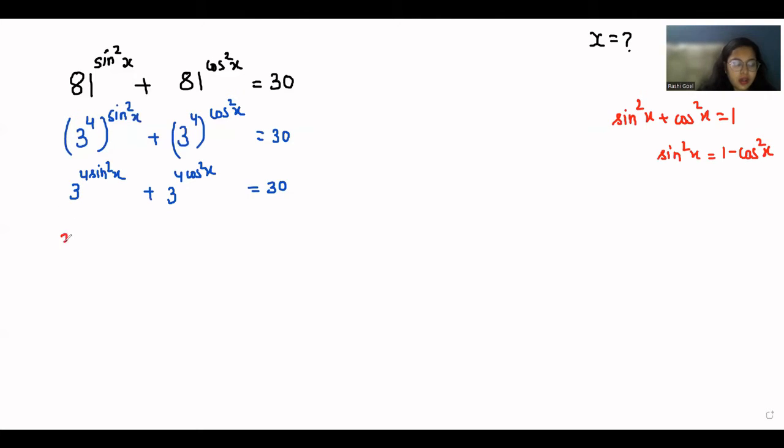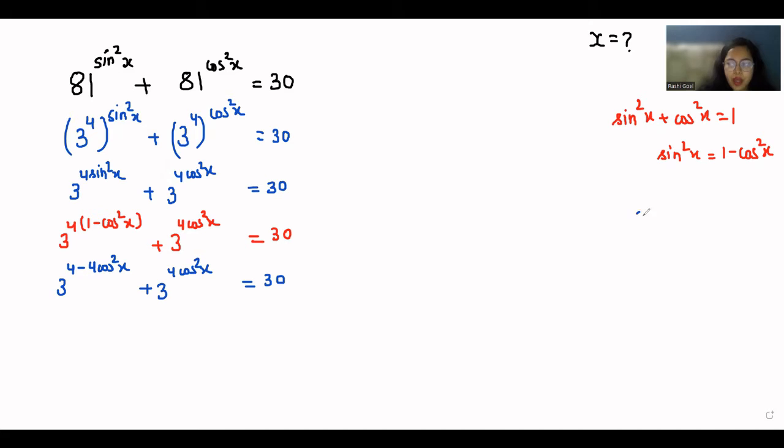So here 3 power 4 sin square x I can write as 3 power 4 (1 minus cos square x) plus 3 power 4 cos square x is equal to 30. So 3 power 4 minus 4 cos square x plus 3 power 4 cos square x is equal to 30.